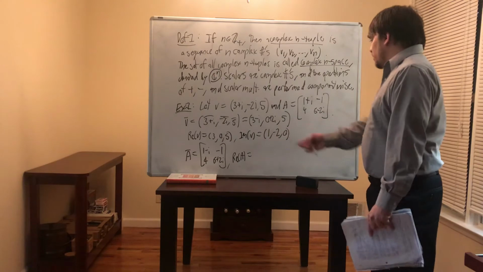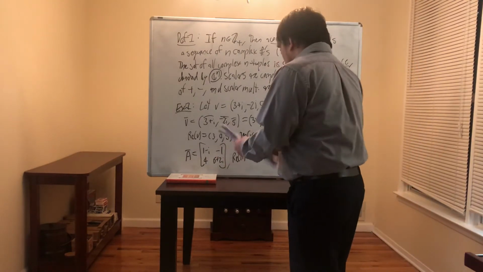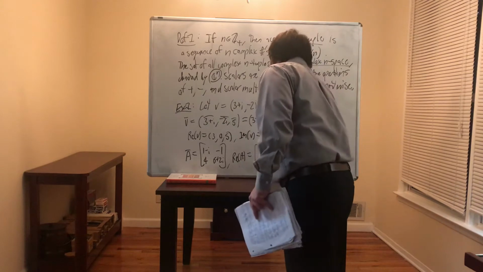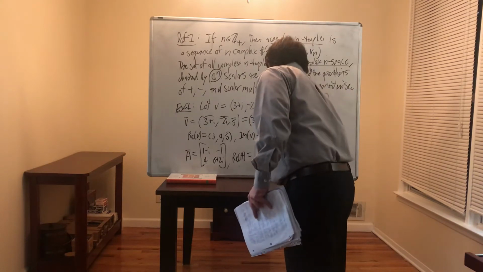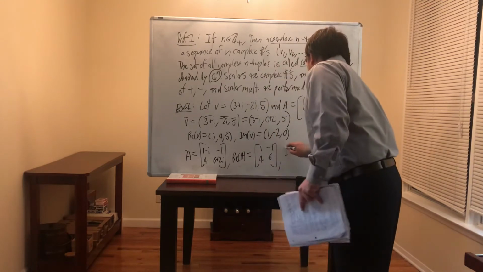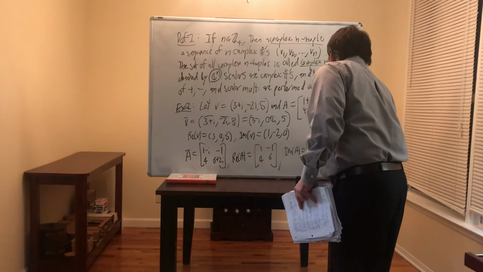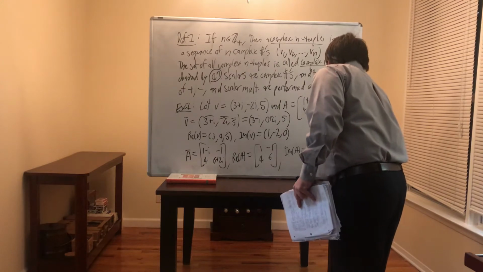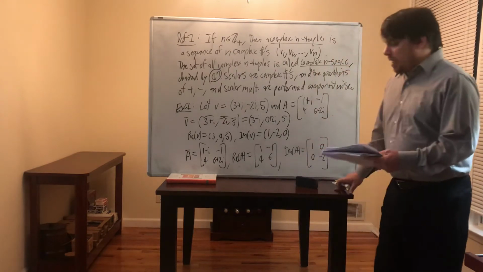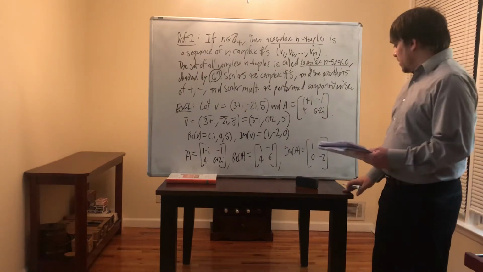Then the real component of A is just taking the real component of each entry. The imaginary component of the matrix would be 1, 0, 0, negative 2. That would be the imaginary components of each of these entries, and you put them in their respective places.